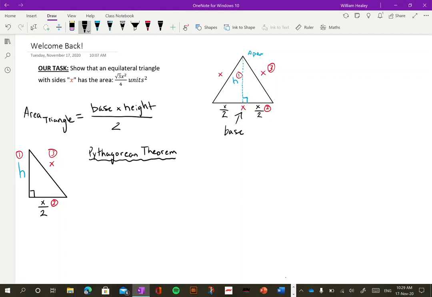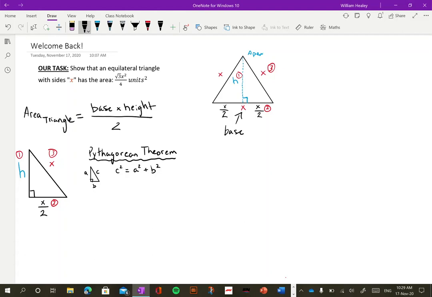So for a right triangle with sides maybe A, B, and C, the right angle here, we know that side C squared is equal to side A squared plus side B squared. We're going to apply this to our triangle.